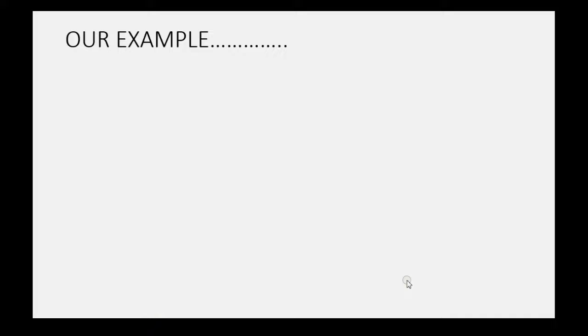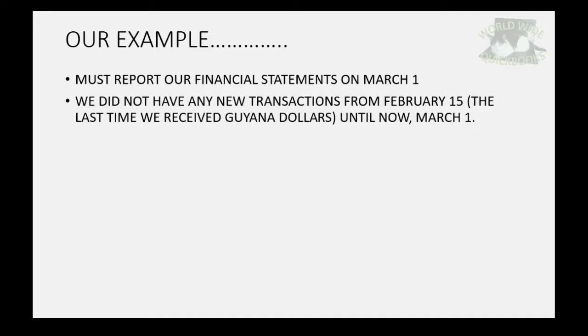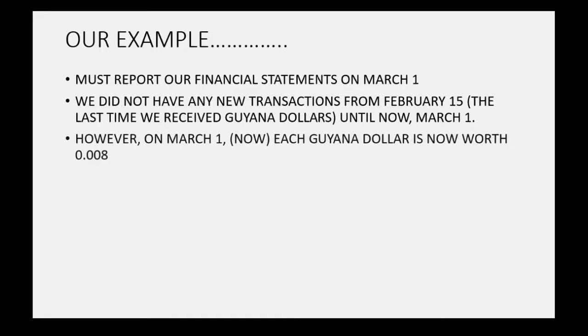Now, in our example, we must report our financial statements on March 1. We did not have any new transactions from February 15th, which is the last time we received Guyana dollars, until now, March 1.